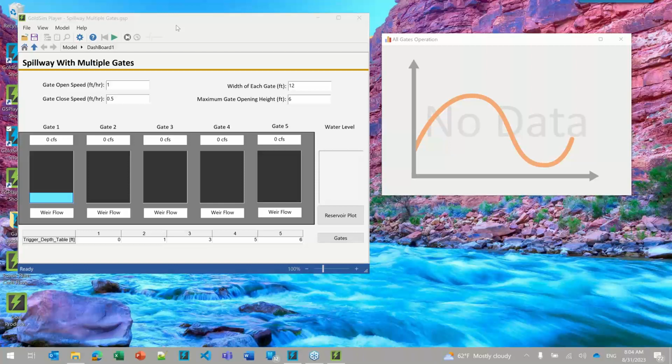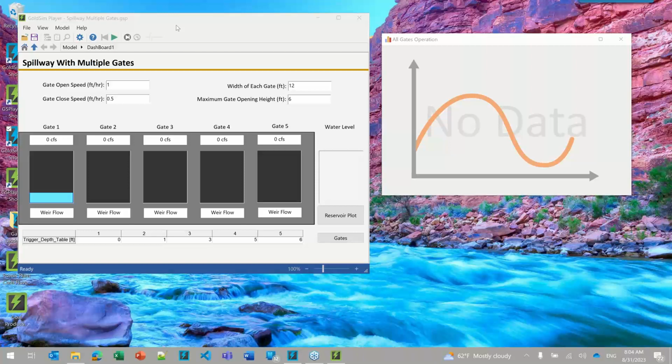And so what it does is over time, as the water level in the reservoir changes, as it's increasing, for example, then these gates will open in an order. There's a priority to these gates starting on the left. And as the water level continues to rise, then the next gate to the right will open, and the next one to the right will open, and so forth, in order to try to maintain a water level in the reservoir behind it.